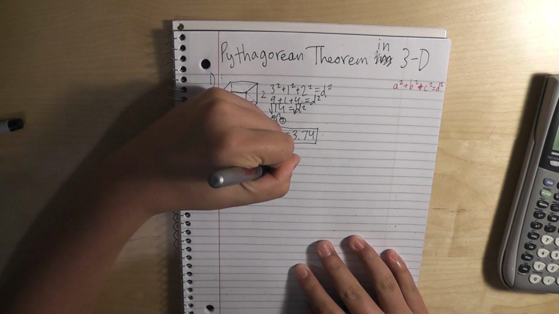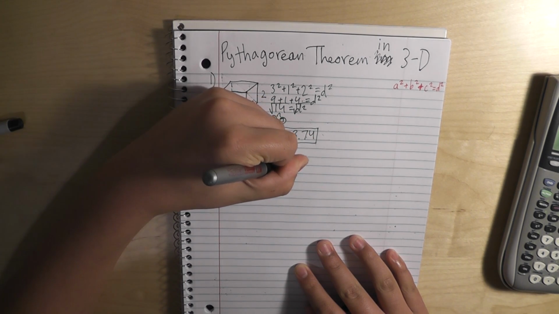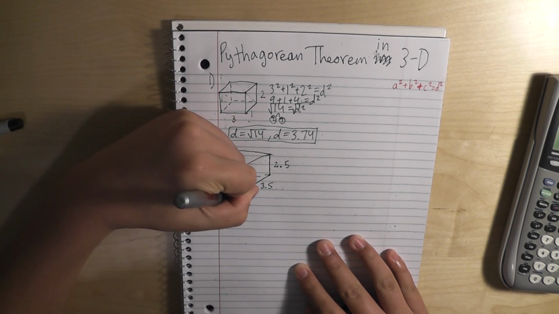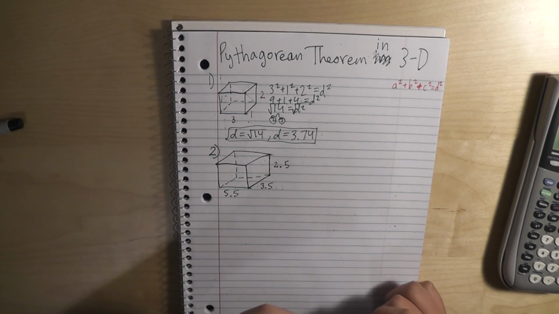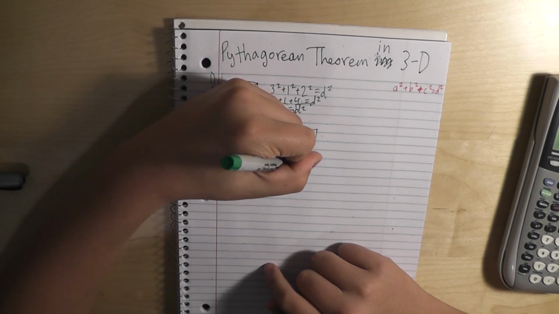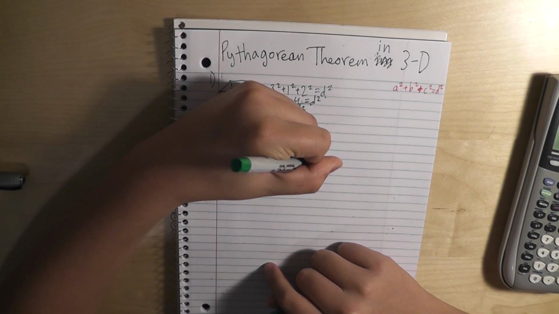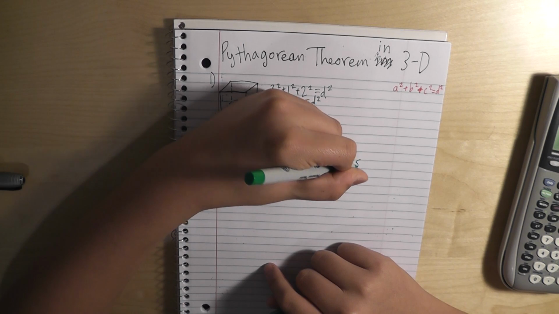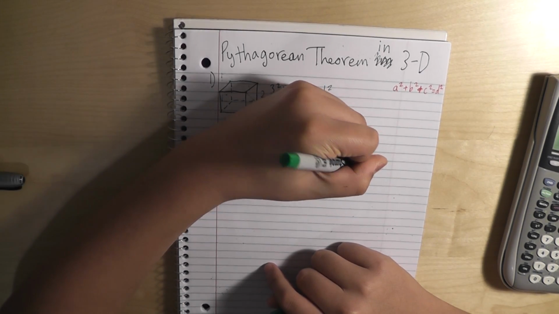And it's going to give us the dimensions 2.5, 3.5, and 5.5. And so we are going to do 2.5 squared plus 3.5 squared plus 5.5 squared equals d squared.